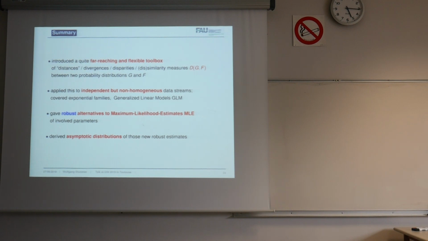It's known that the maximum likelihood method is not very robust against outlier contaminations. Just believe me for the moment that our method is more robust, and I will show you in the next talk, in a concrete example, that this is really the case. And at the end, I derived some asymptotic distributions of these new robust estimates. And here I would like to stop. Thank you very much.